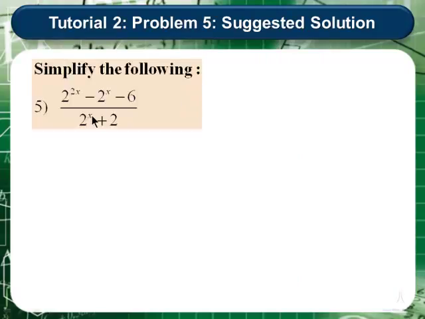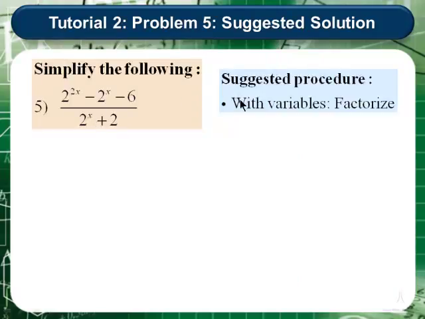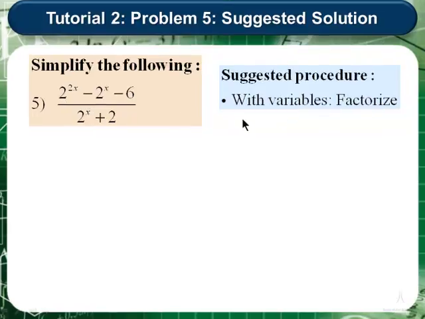If we look at the last problem, problem 5 of tutorial 2, we can suggest the following solution. Again, remember, because you have variables and you don't have single terms, you need to factorize.